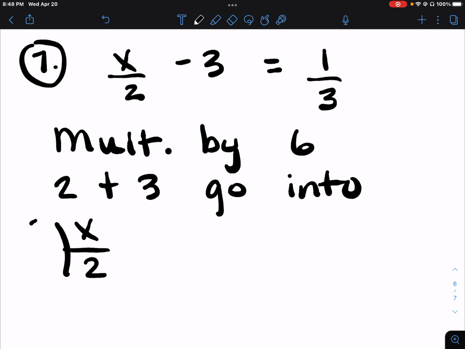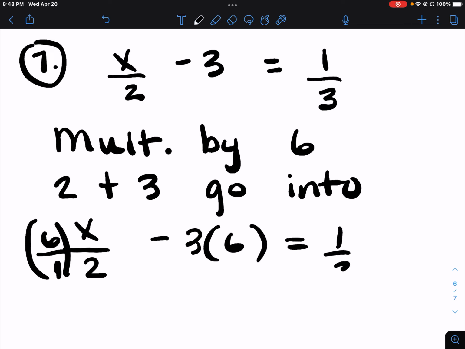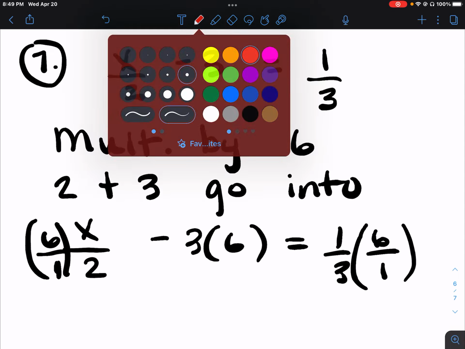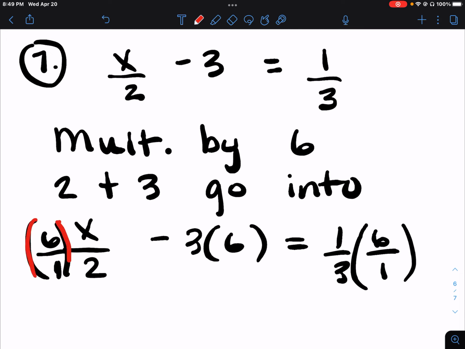Since it's a fraction, I'm going to multiply it by 6 over 1. Minus 3 times 6 equals 1/3 times 6 over 1. Okay, everything is getting this times 6.